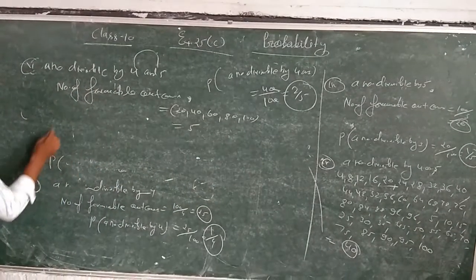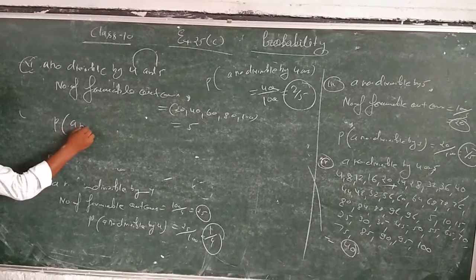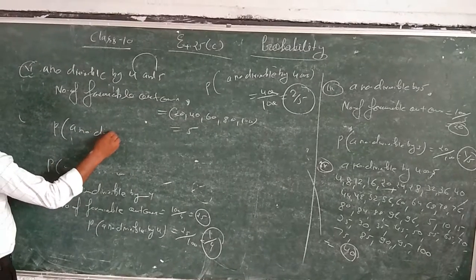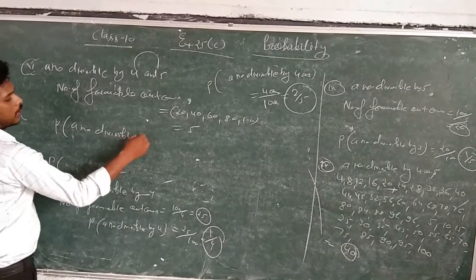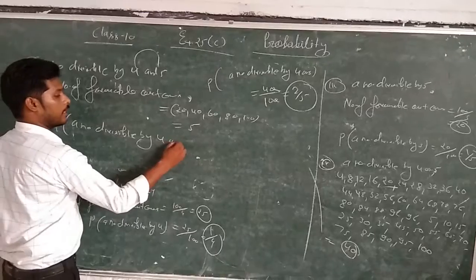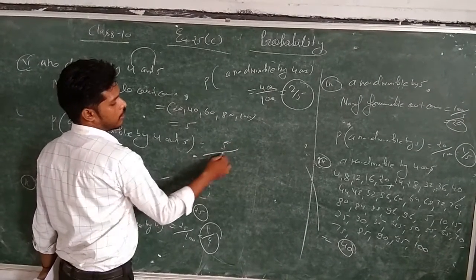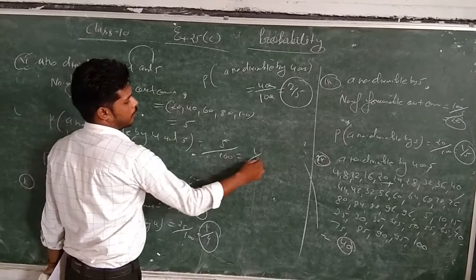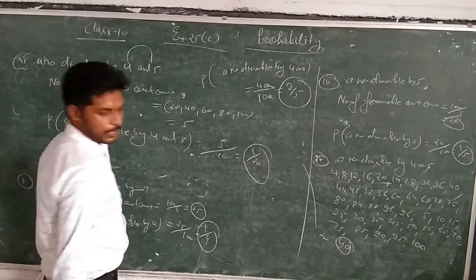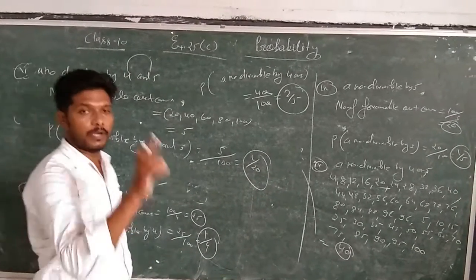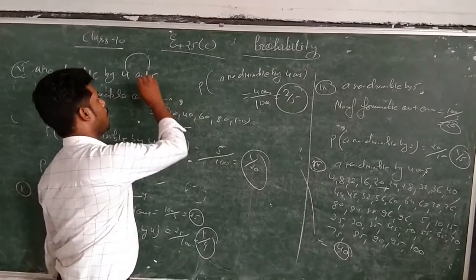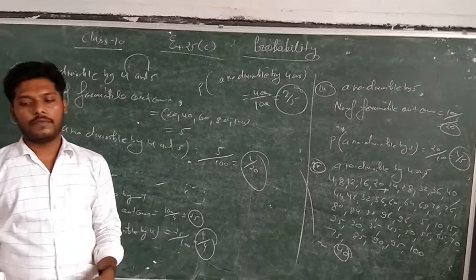So P, a number divisible by 4 and 5, is equal to 5 upon 100, which is 1 upon 20. It means out of 20 marble stones, there is one number which is divisible by both 4 and 5.